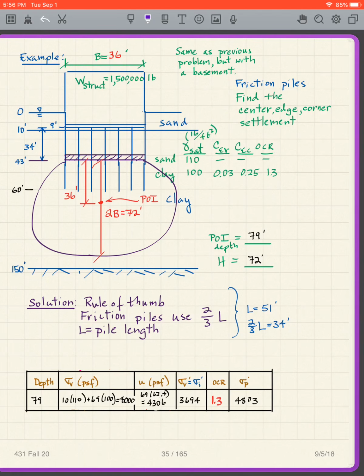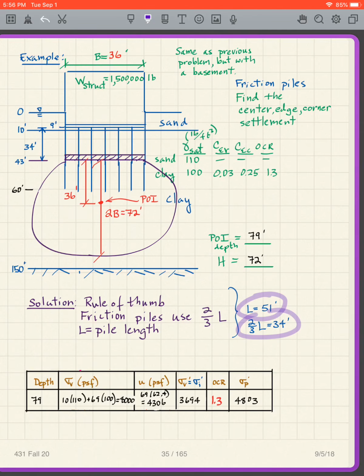In this particular case, we've again put the piles down to 60 feet, but we have this 9-foot basement, so the piles are now shorter. The piles are now 60 minus 9, which is 51 feet, which means the length of my pile is 51 feet. 2/3 of L is 34 feet.